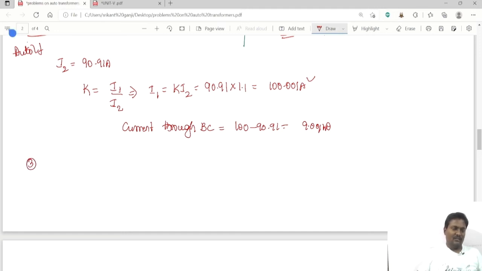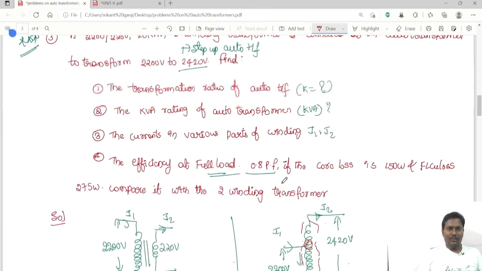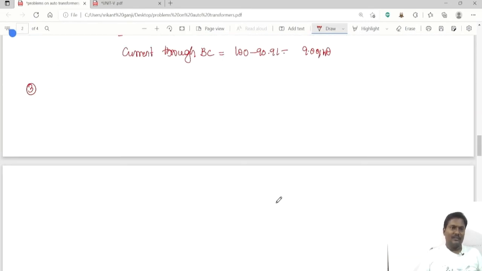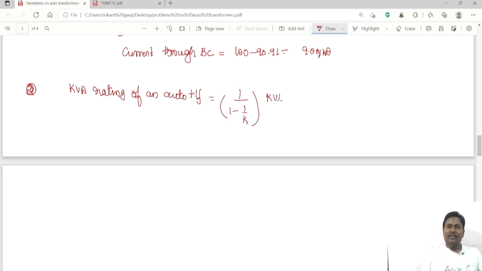And what is the next part? The kVA rating of an auto transformer. Second part, kVA rating of an auto transformer is equal to 1 by 1 minus K, where K is replaced with 1 by K, as I said, for the step up transformer, into the kVA rating of the 2 winding transformer.